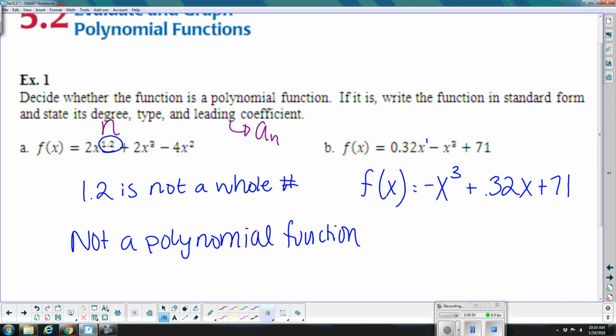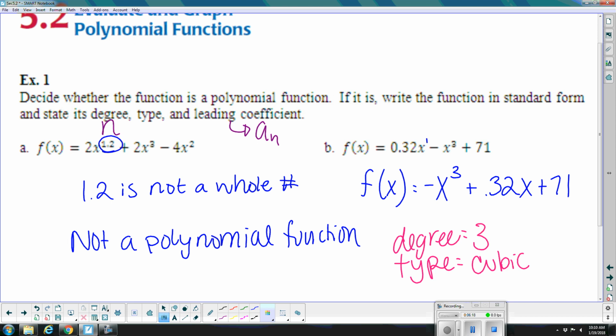In this example, the degree is 3, because our largest exponent is 3, and that means that this is a cubic polynomial function.